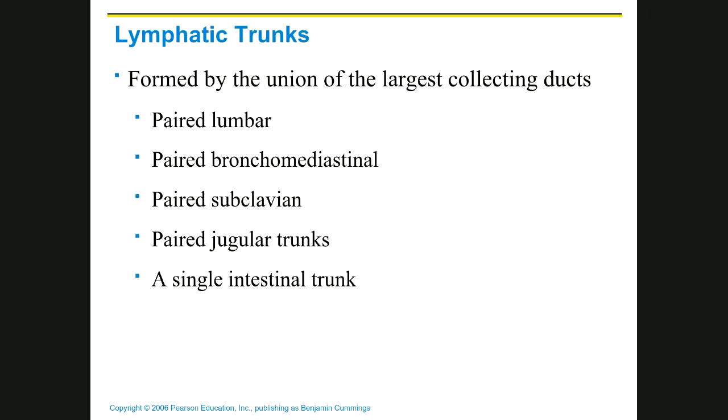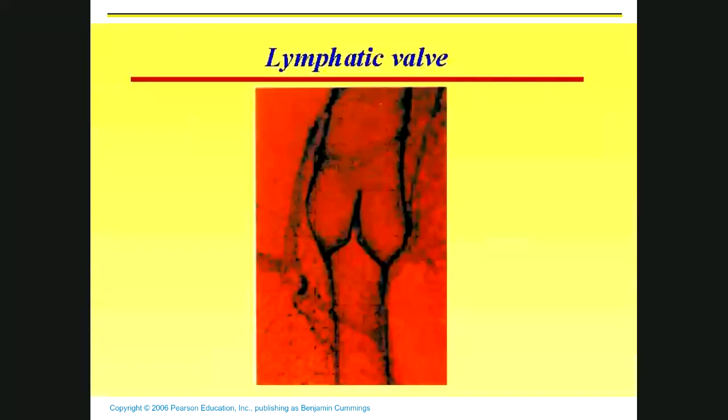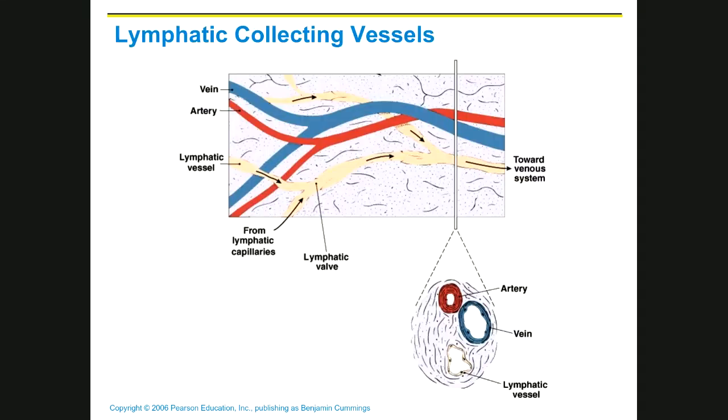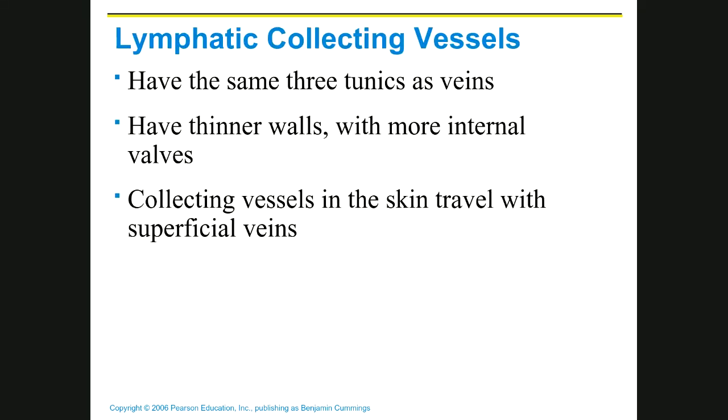What makes the fluid go through these lymphatics is the same thing that makes fluid go through veins, and that is when the skeletal muscles contract, and also whenever we take a breath. So there's a skeletal muscle pump, and then there's a pump that happens with respiration.